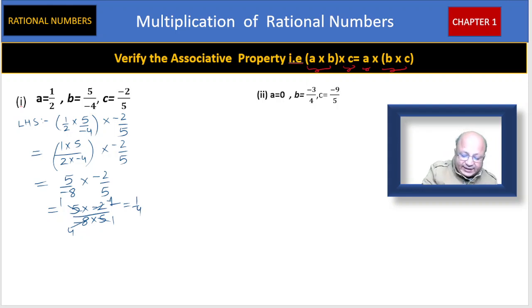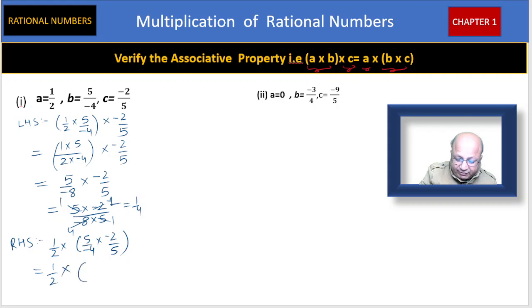Let's take the right hand side. So right hand side is 1 upon 2 multiply by 5 upon minus 4 multiply by minus 2 upon 5 in the bracket. So 1 upon 2 multiply by 5 multiply by minus 2 upon minus 4 multiply by 5.